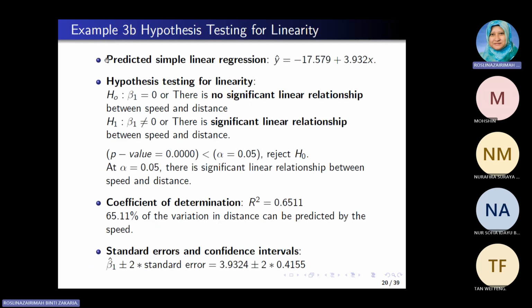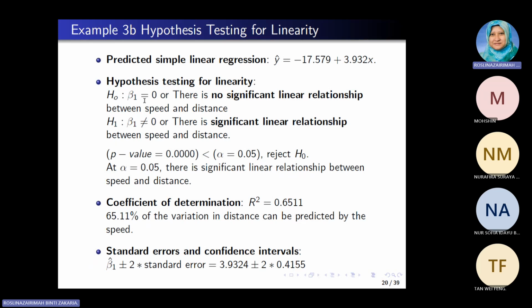From that output, we know that the predicted simple linear regression is y hat equals the intercept plus the slope times x. And we need to test for linearity, so you must have this statement.